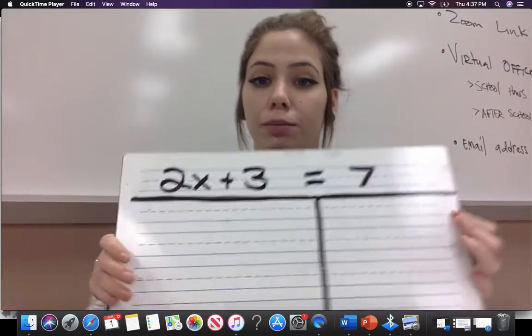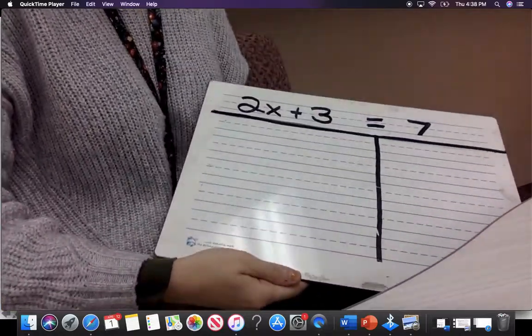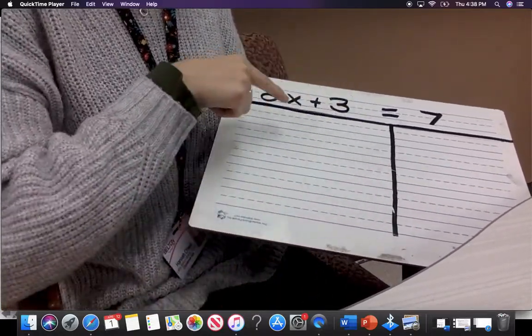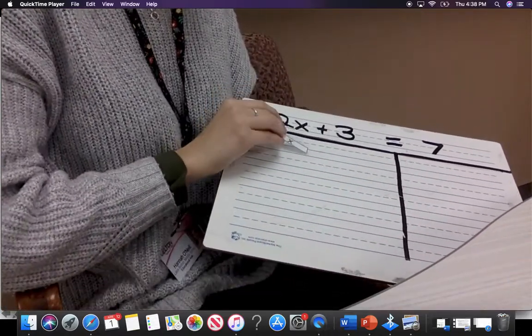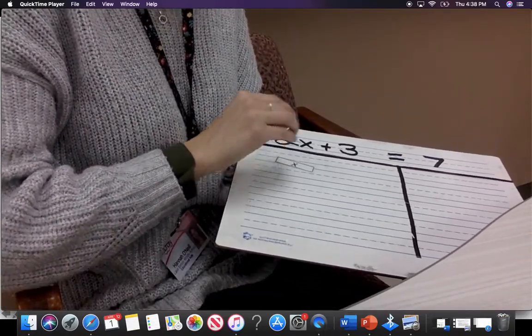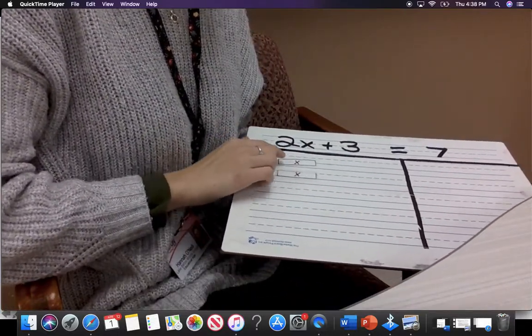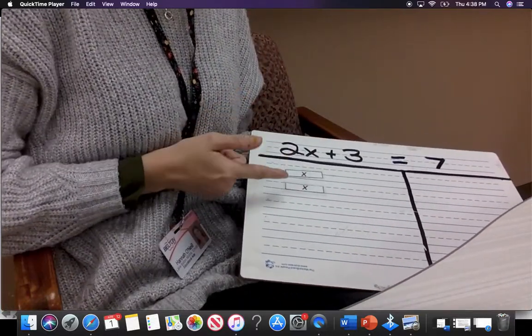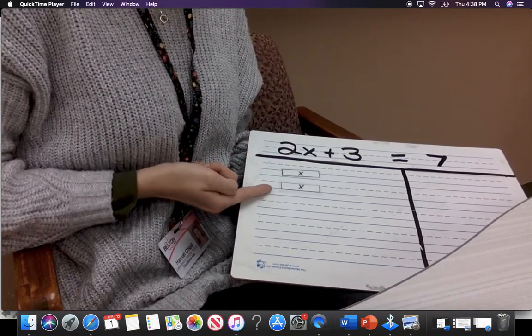So to use algebra tiles, this is what we're going to do. I am going to have 2 separate tiles over here with x on them, and these are going to represent my 2x. See, I've got 2 x's.